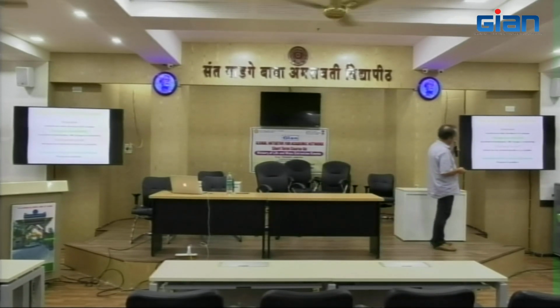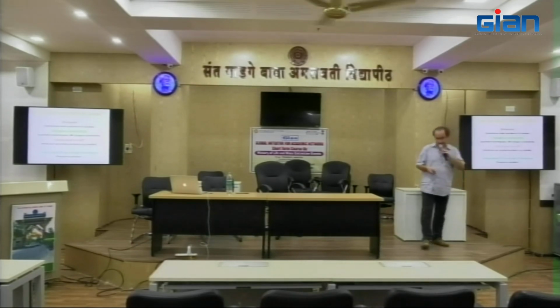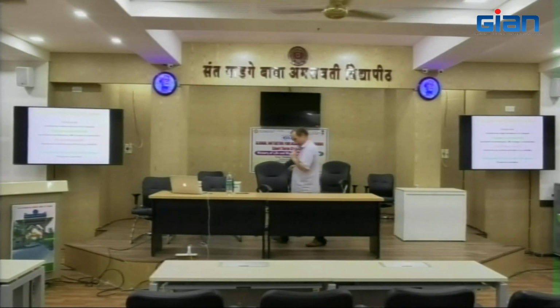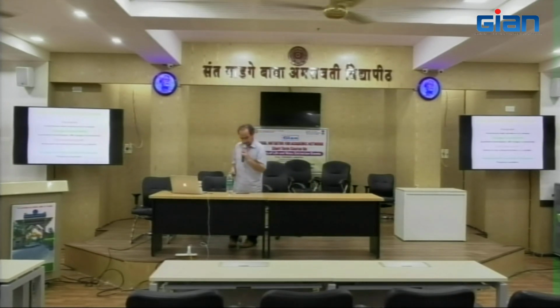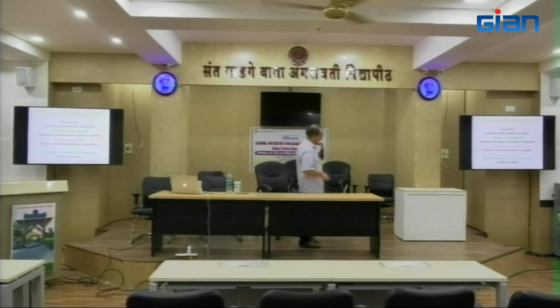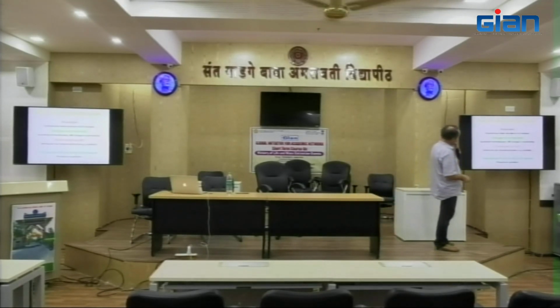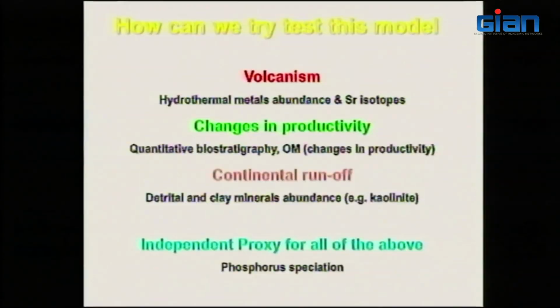So, how do we test this model? How do we test this very nice negative feedback loop? Okay, for the volcanism, well, we can measure in a section the metals from the hydrothermal origin, from the ridge, from the volcanism.